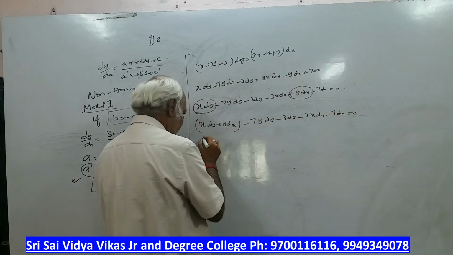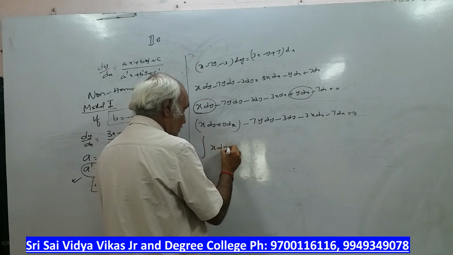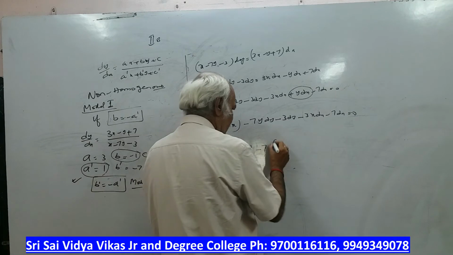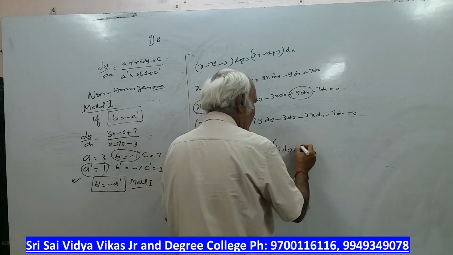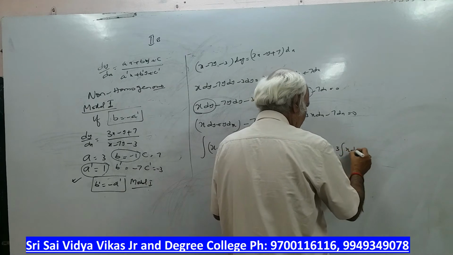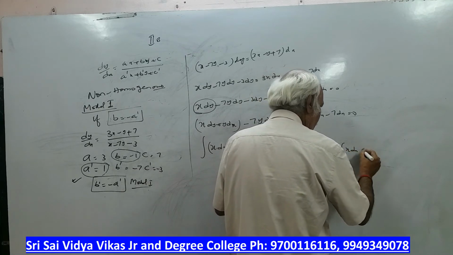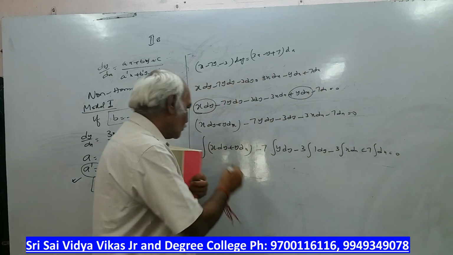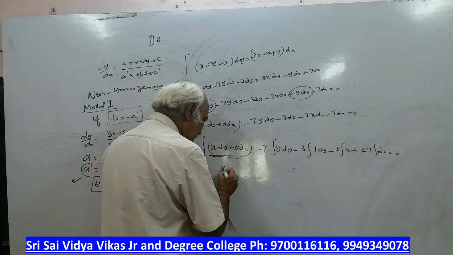Then minus 7y dy minus 3x dx minus dx is equal to 0. Now I will put an integration symbol. Minus 7 into y dy minus 3 into 1 dy minus 1 into dx is equal to 0. Always this is given as xy.